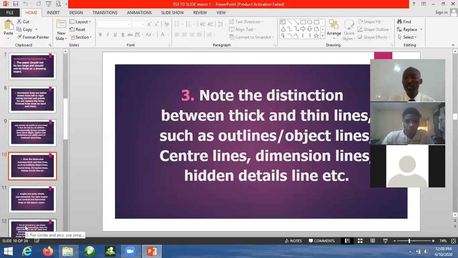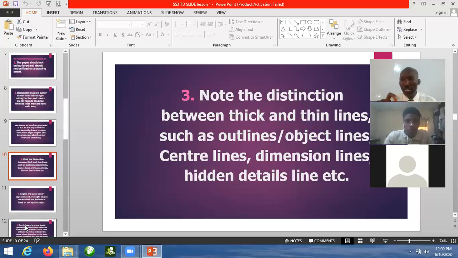Now the third principle is note the distinction between thick and thin lines. You must note the differences between thin and thick lines. You know that there are different kinds of lines in technical drawing. There are lines we use for highlighting. There are lines we use to show hidden details.